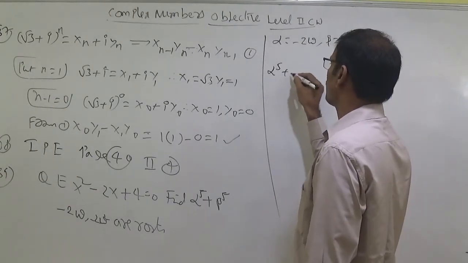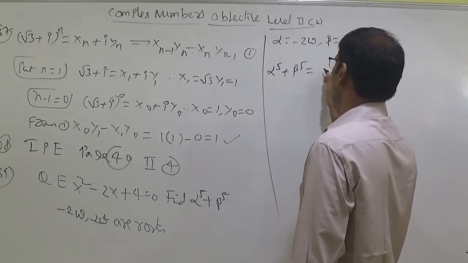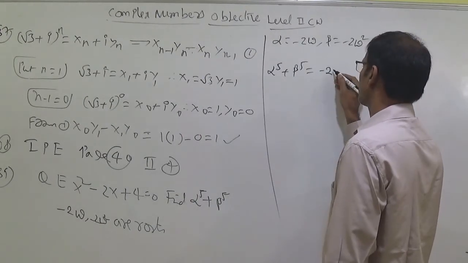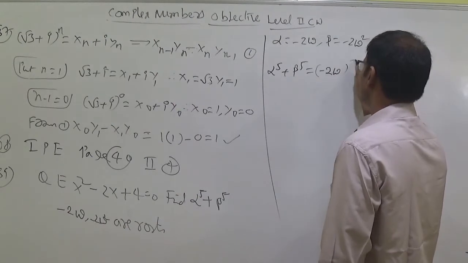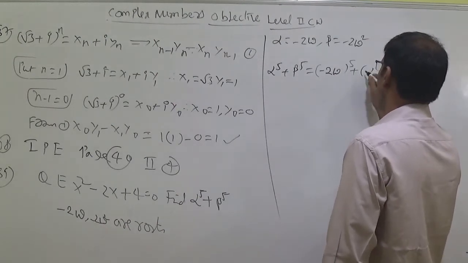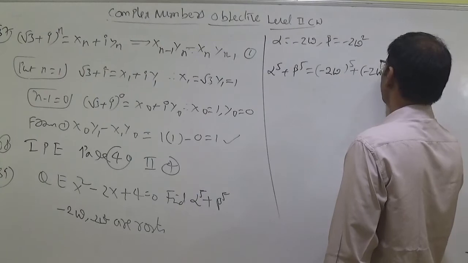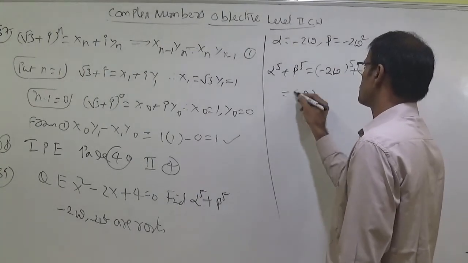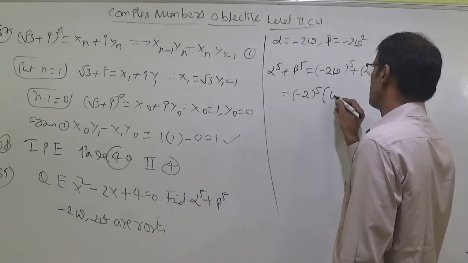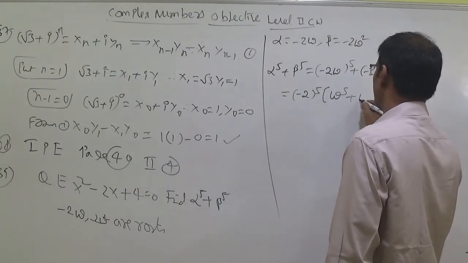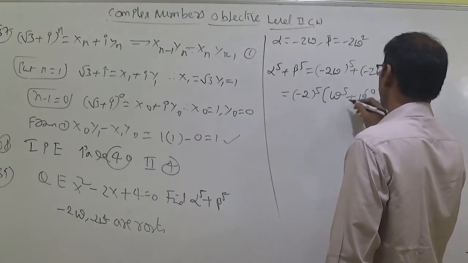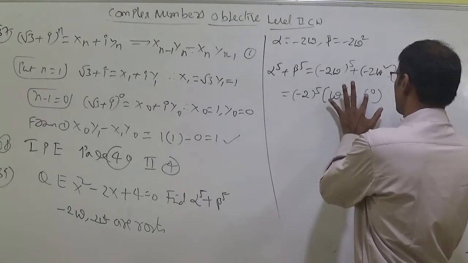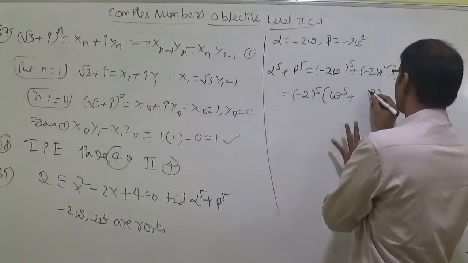Now alpha power 5 plus beta power 5. Alpha power 5 you can write as minus 2 omega whole power 5, and minus 2 omega square whole power 5. Take common minus 2 power 5 in both terms. It becomes omega power 5 plus omega power 10. This is of the form omega plus omega square.